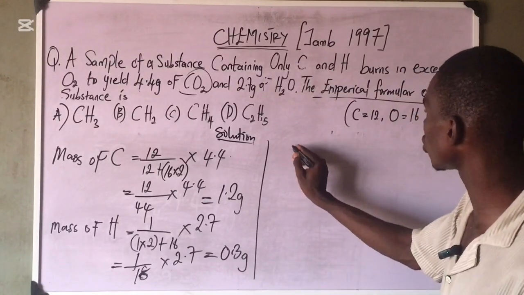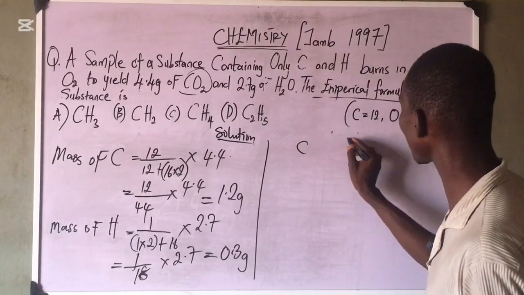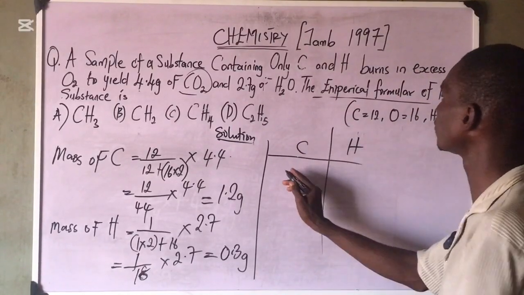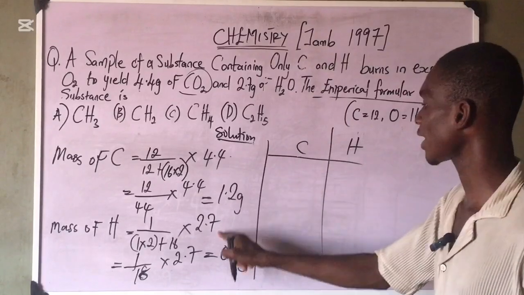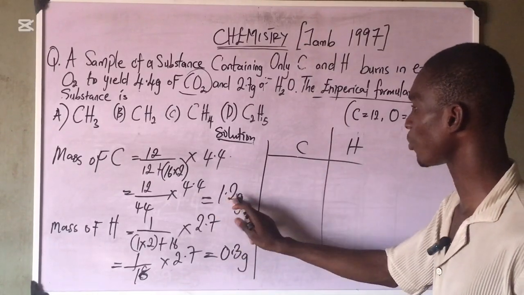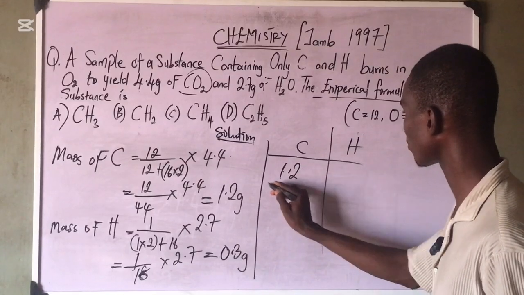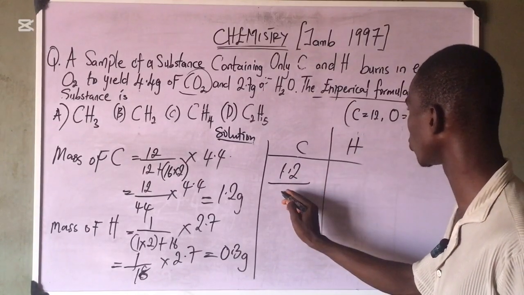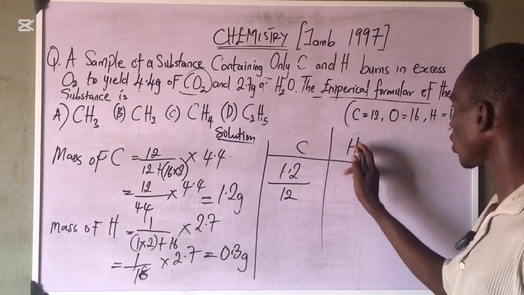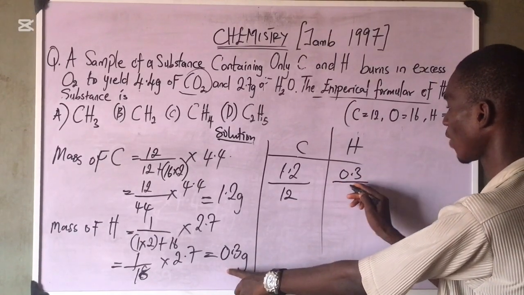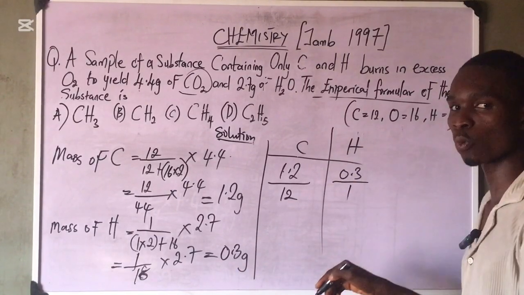For carbon, I have 1.2 gram over the molar mass of carbon, 12. For hydrogen, I have 0.3 over the molar mass of hydrogen, which is 1.